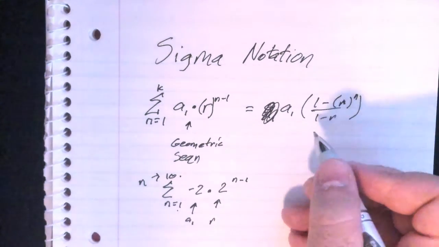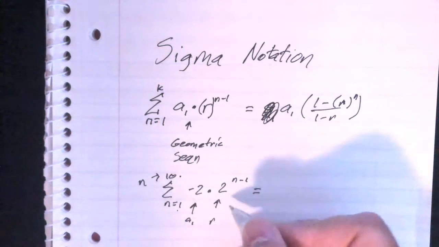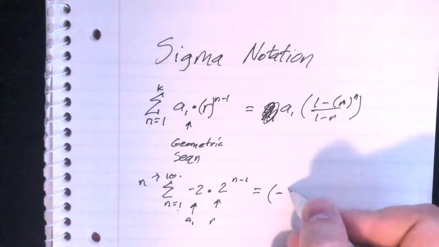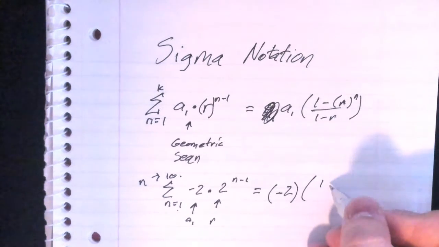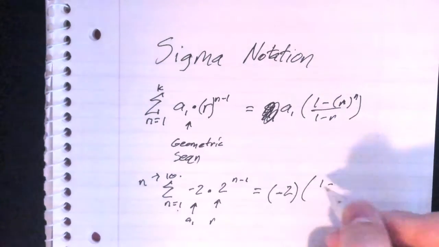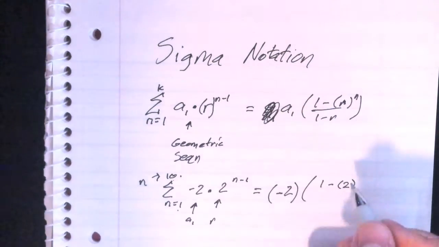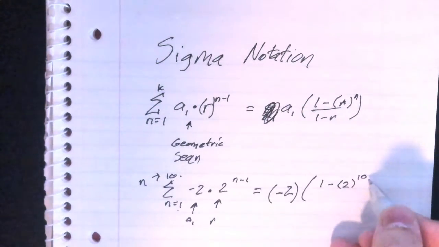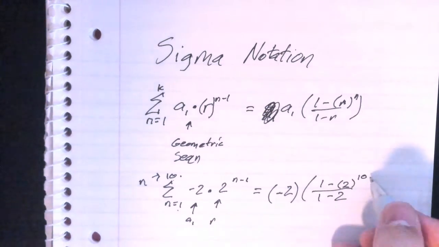So we would do the same thing. We're going to use the formula. We would just simply plug it in. So a_1 is (-2). I always like to put my negatives in parentheses. 1 minus r, which is 2, to the 10th term, since we're going all the way to the 10th term, over 1 minus 2.